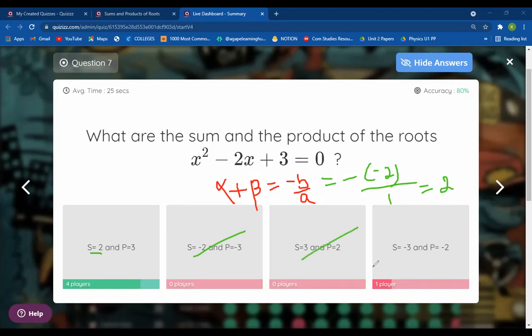That means I could eliminate all these answers here. Now just to do the alpha beta part, alpha beta is the same as c on a. C is 3 and a is 1, so that's 3 on 1, which is equal to 3. And that's why this is the right answer.